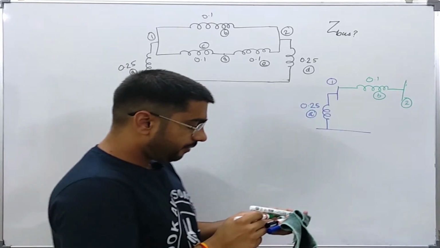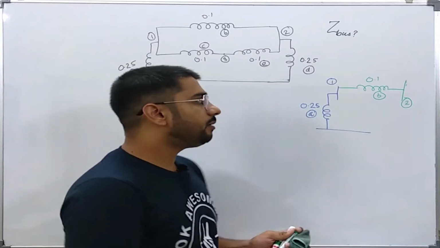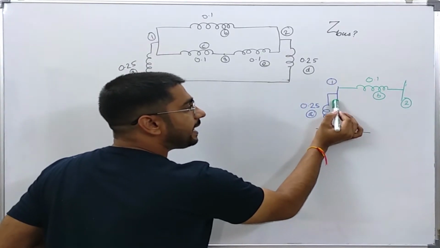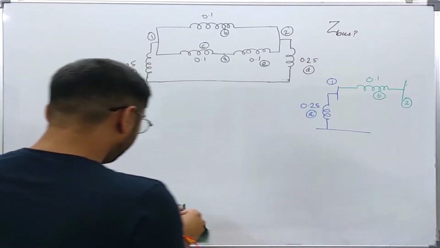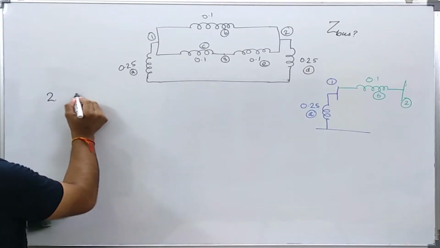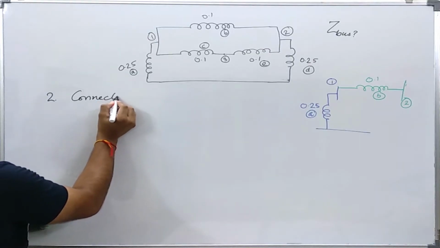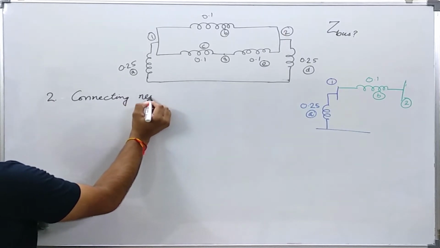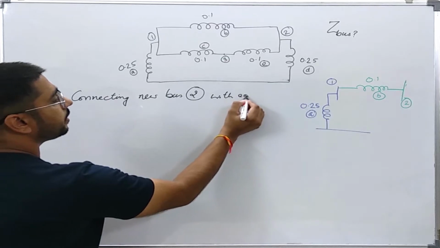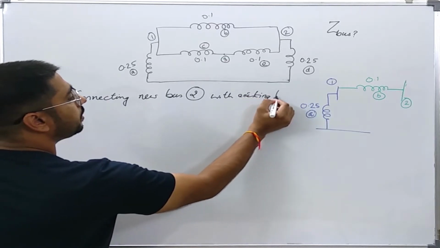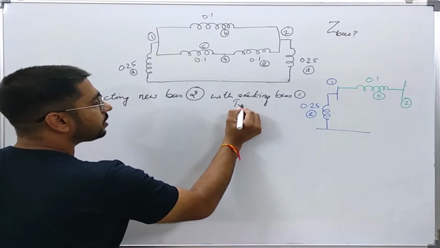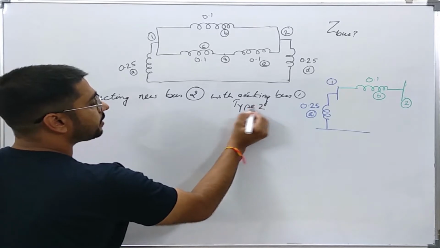So when we add element number B, we are connecting a new bus to the already existing bus of the network. That is, for the second step, we are connecting a new bus with an existing bus, which is just bus number 1. So it is type 2 modification, or case 2, which we studied in our previous lecture.